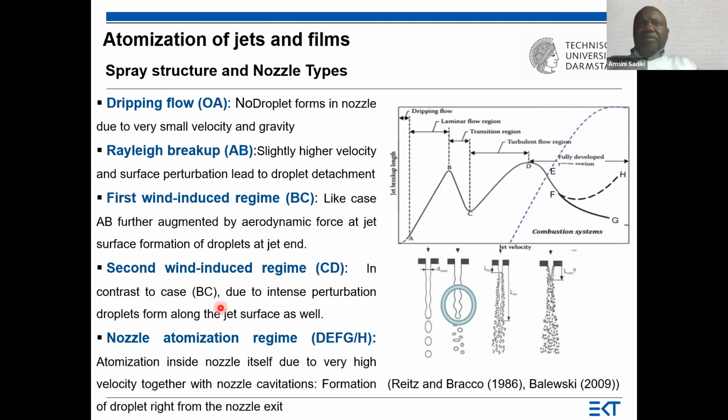The second one has intense perturbation, and the droplets form along the jet surface as well. So here we don't have formation of droplets along the surface, but here we have it along the jet surface. That is the distinction between them.